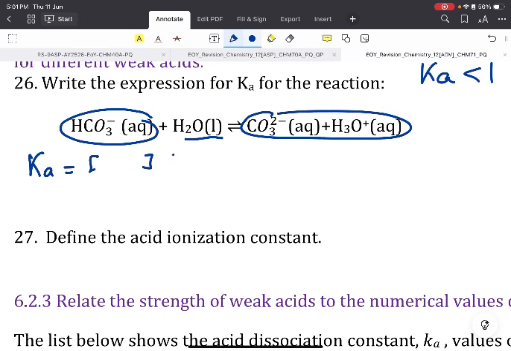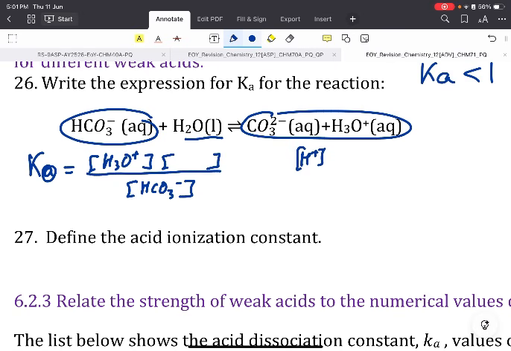So it's going to be in this form. Now, when they give you an acid, you always put it over here because it's the one we are checking its ionization. And since it is an acid, you may write H3O plus, or you may write H plus.